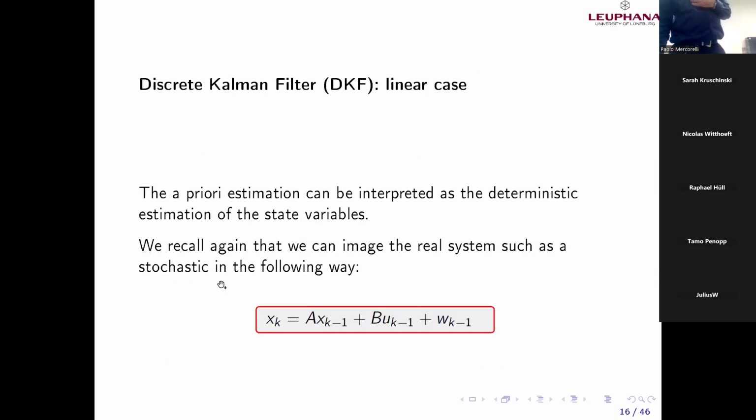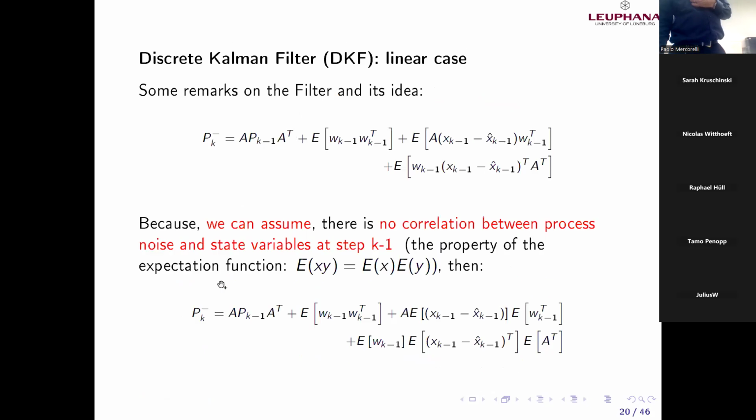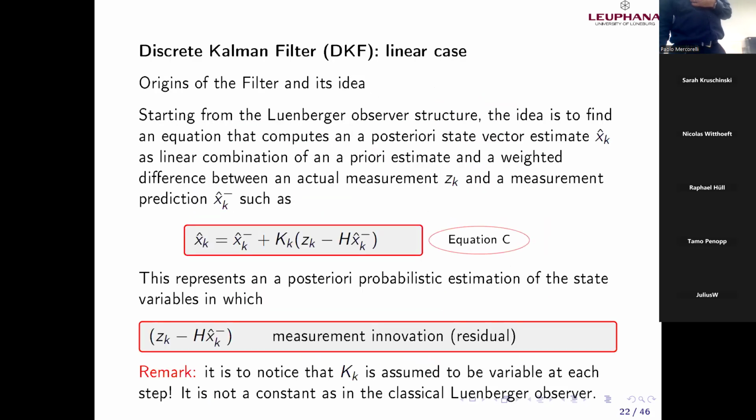Assuming here zk, which includes vk. Yeah, vk is in the measurement noise.